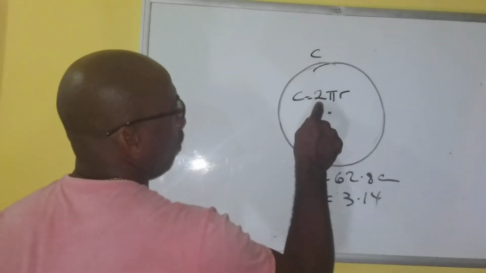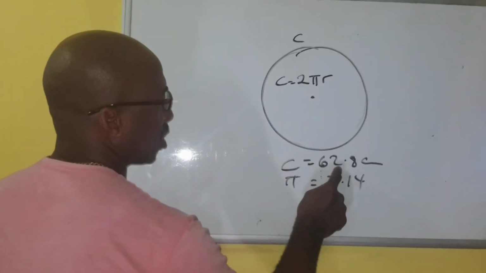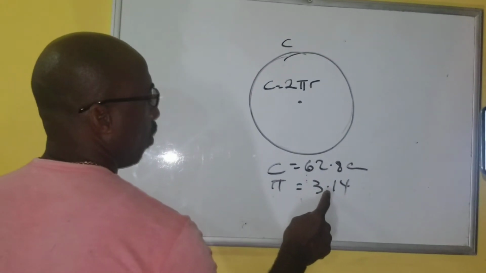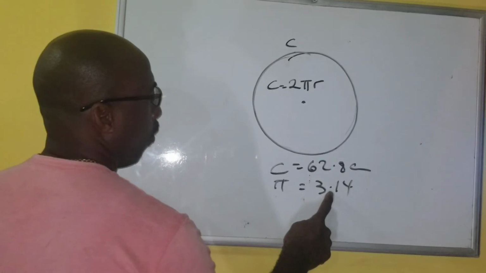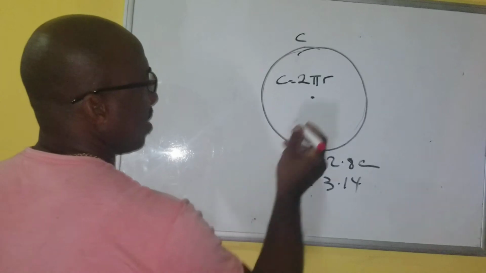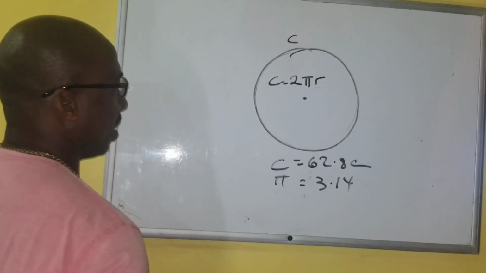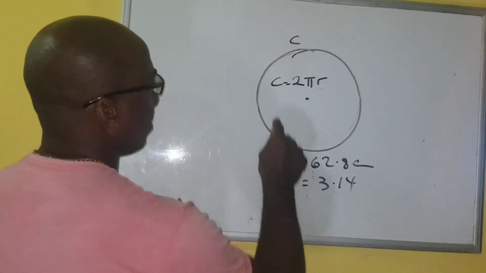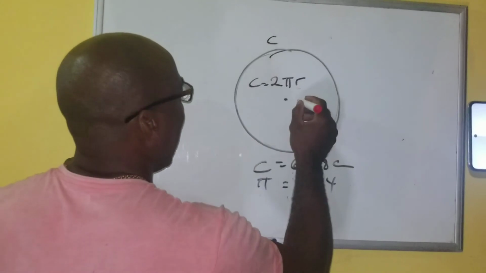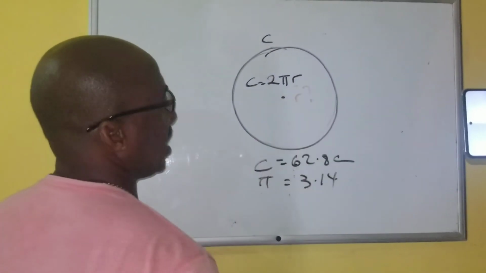C equals 2 pi r. Note they give you C is 62.8 and they give you pi as 3.14. What's missing is the radius. So you're going to find the radius. So you're asked to change the subject of the formula from C to r. What is r? The given formula is C equals 2 pi r.